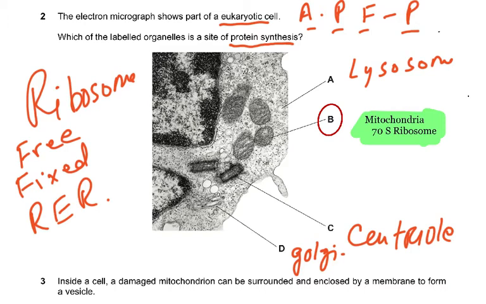So that is where the protein synthesis was going to take place. And it said it's a eukaryotic cell. And the centriole tells you that this is an animal cell. It's not a plant cell where you could have had chloroplast. And of course, you remember in chloroplast also we have ribosomes, and that is also a place where protein synthesis can take place. So question 2 was B.